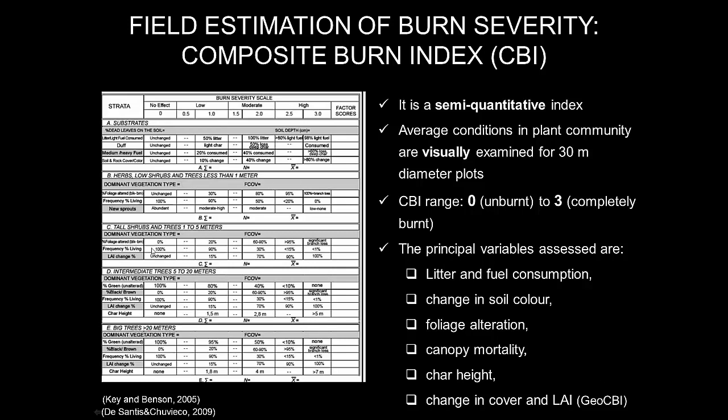Also included in this field assessment are the change in cover and leaf area index, and they renamed this index as GeoCBI. They did this to make this index more sensitive to remote sensing data.